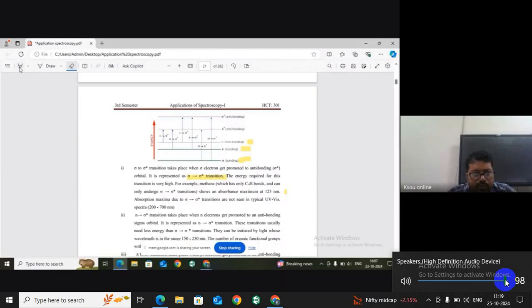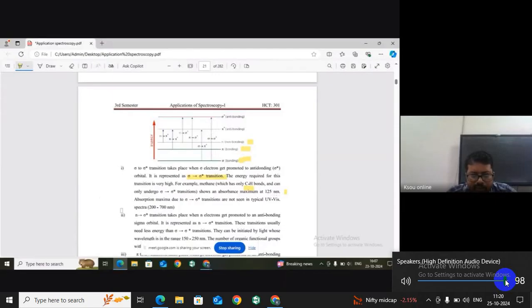As I already told, the absorbance range is 200 to 700 nanometers, belonging to the UV-visible region. But the sigma to sigma star transition requires very high energy, at a maximum of 125 nanometers.